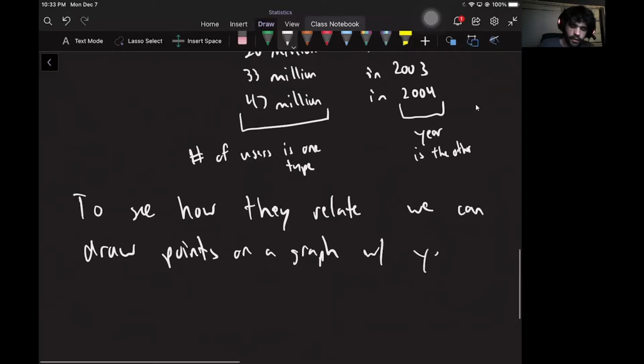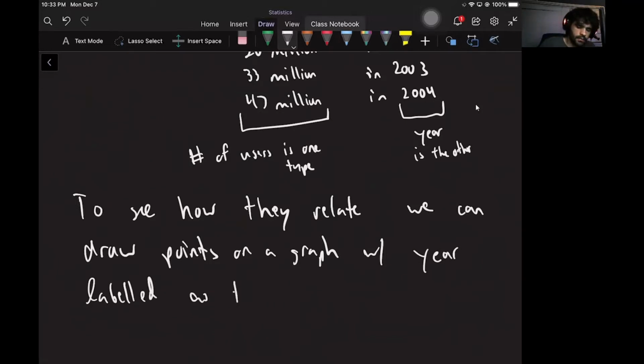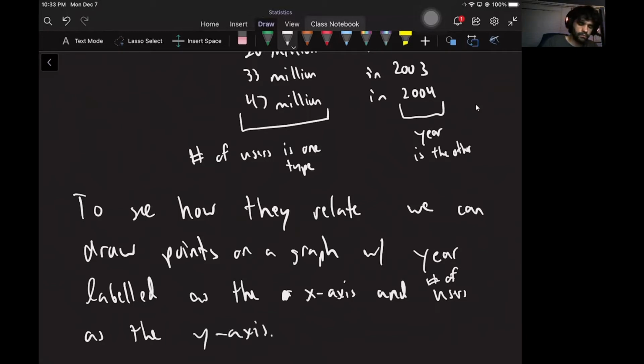With the year, so typically time goes on the x-axis, so labeled as the x-axis. And users, number of users, as the y-axis. And this will be an example of a scatter plot once I finish drawing it.